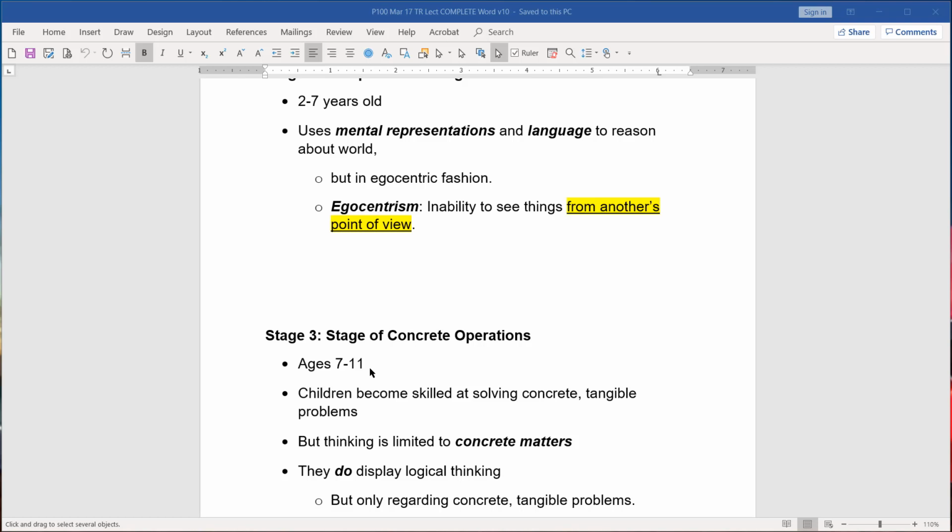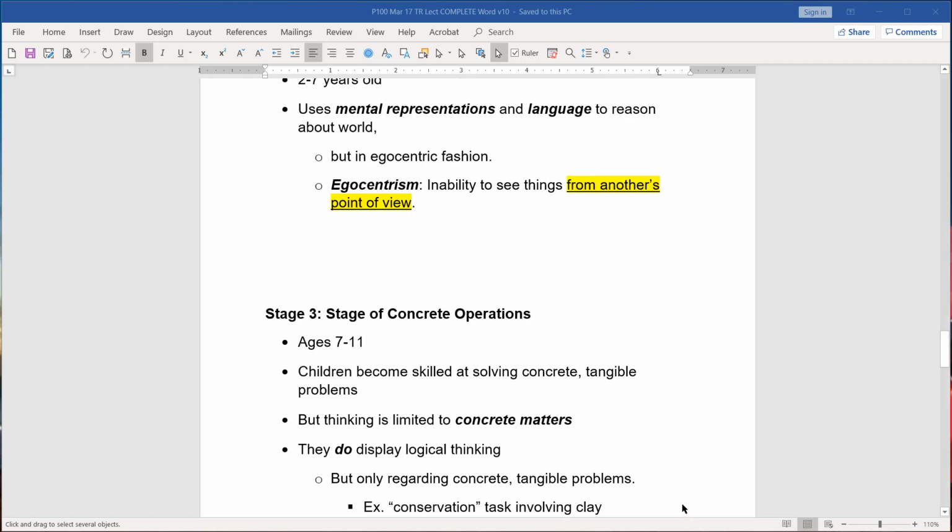When they're in this stage, they become skilled at solving concrete and tangible problems, but only if it's a concrete and tangible problem. Their thinking is largely limited to concrete matters. They do display more logical thinking, but only with respect to concrete, tangible problems.